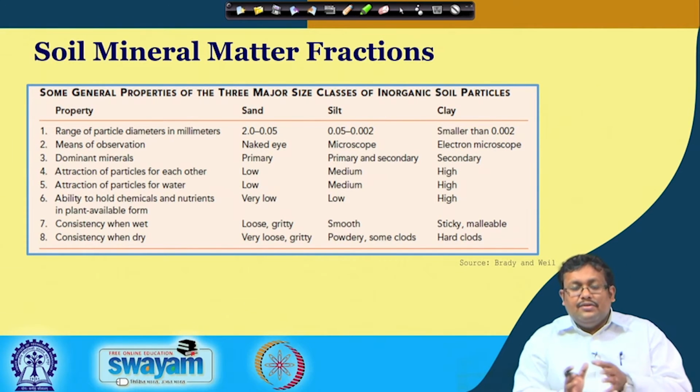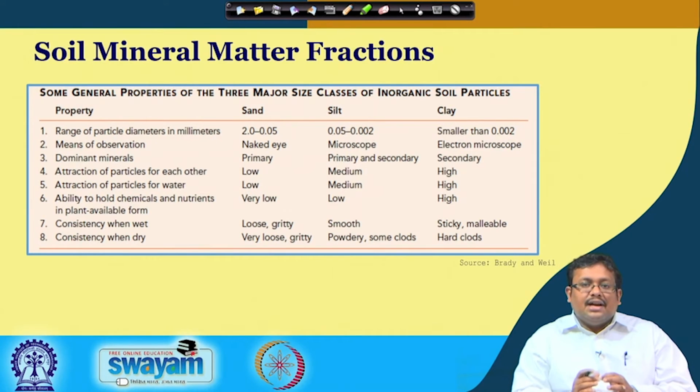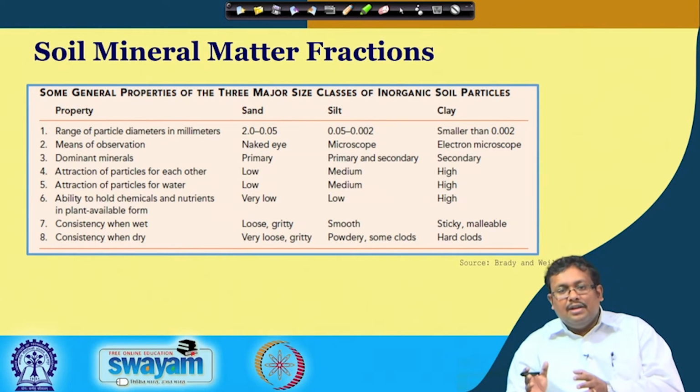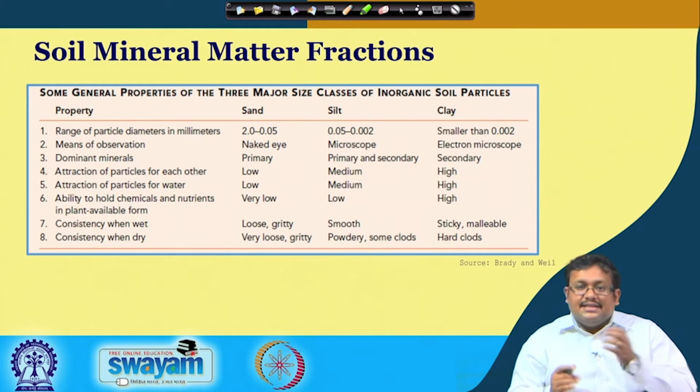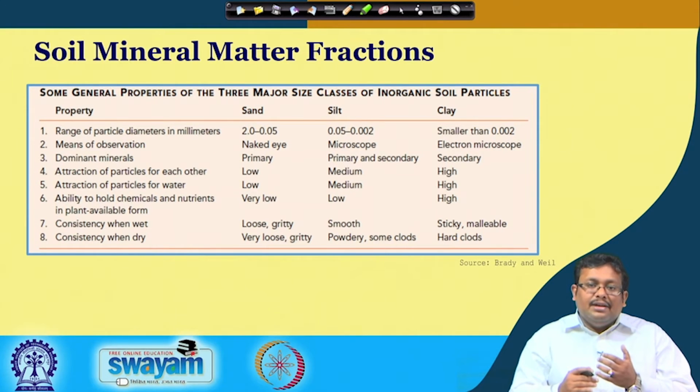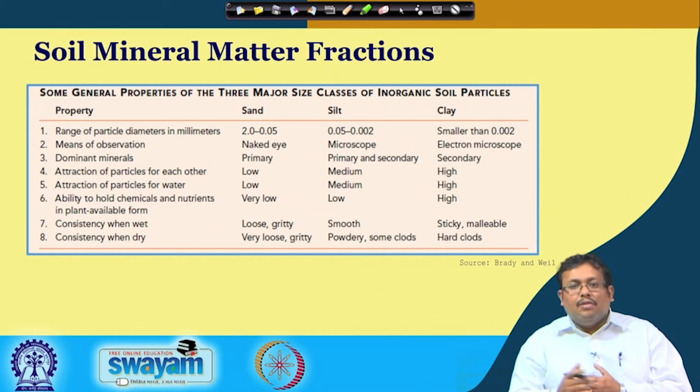Just to give you an idea, primary minerals are the original minerals present in the rock from where the soil basically develops, and secondary clay minerals are an altered form of primary minerals due to different types of physical, chemical and biochemical effects.